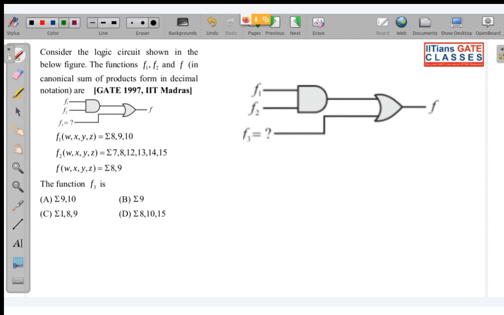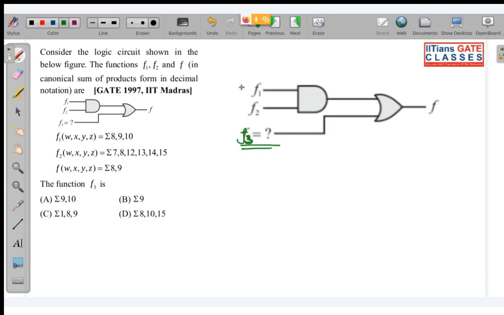So consider the logic circuit shown in the below figure. The function f1, f2 and f in canonical sum of product form in decimal notation are given. The function f3 is. So you need to find this f3.